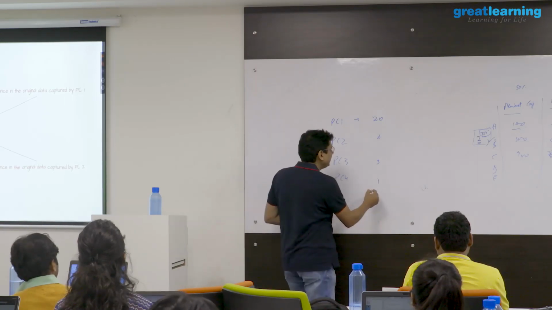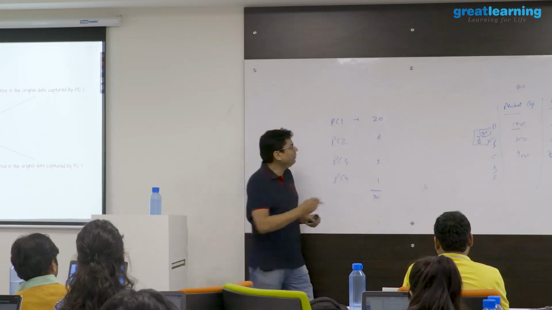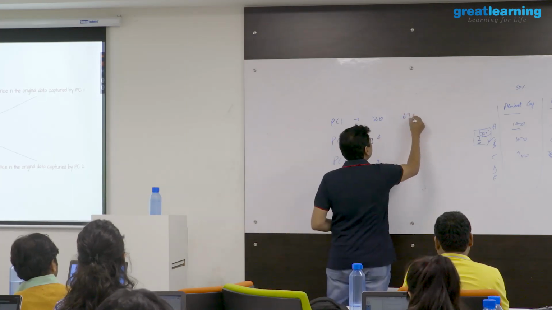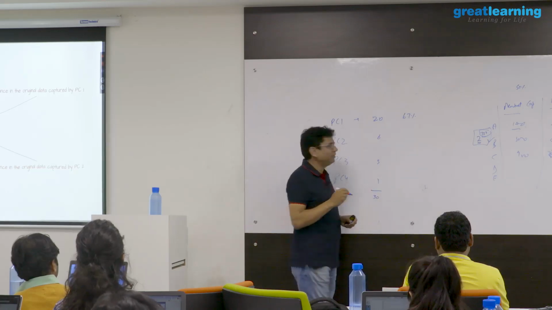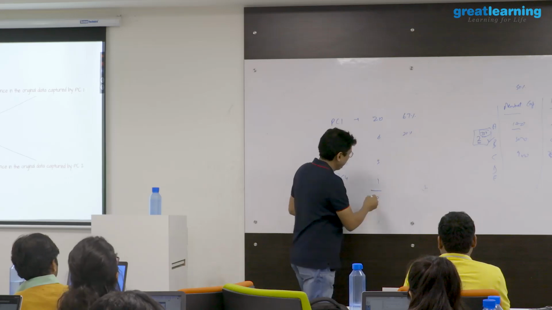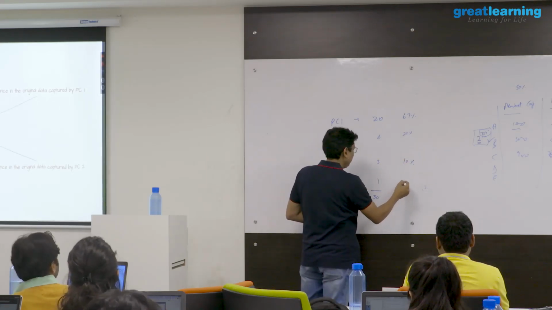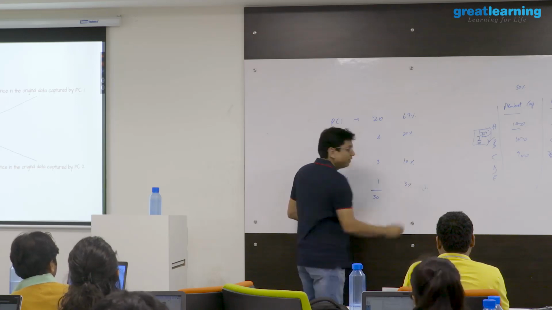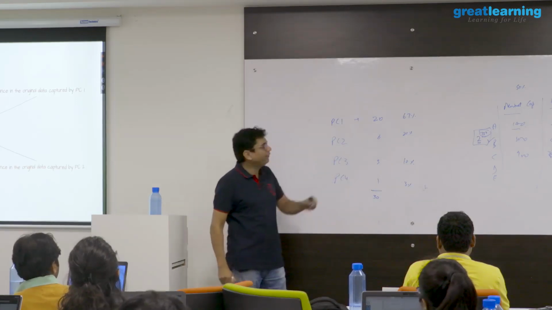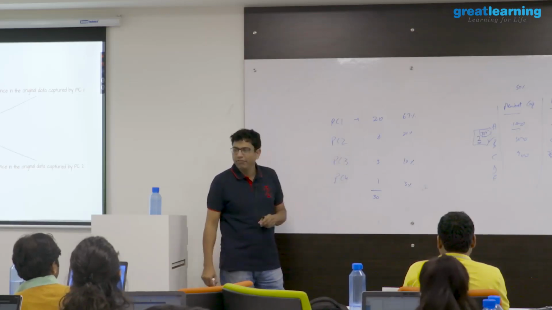If you add them up, the total is 30. That means this is about 67% of variance, this is about 20%, this is about 10%, and this is about 3%. That's how the different PCs capture different variance.